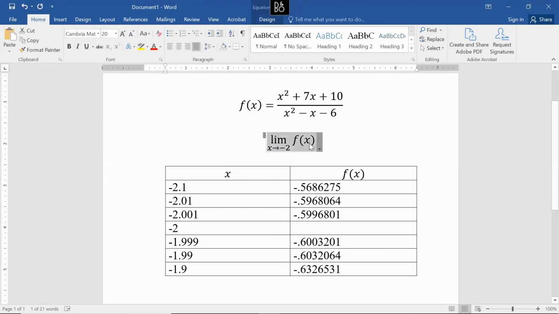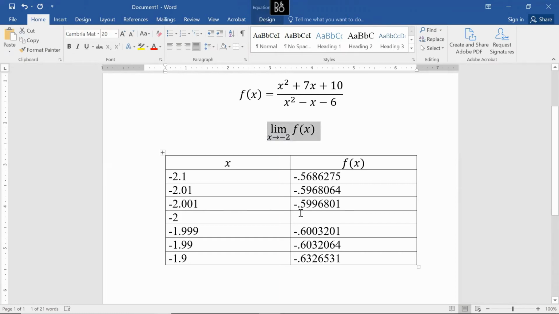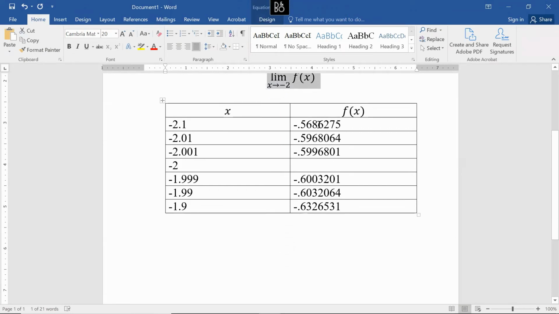So what it looks like is happening here is that as you approach from both directions, the function is getting closer and closer and closer to negative 0.6.